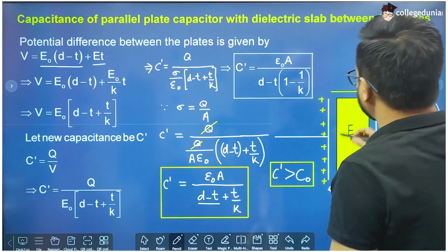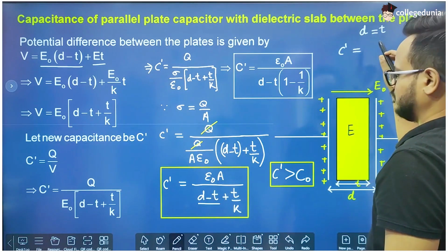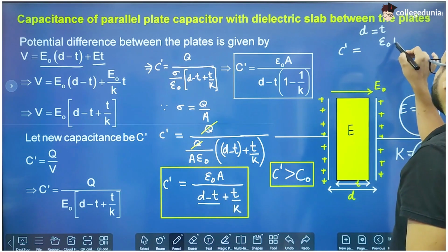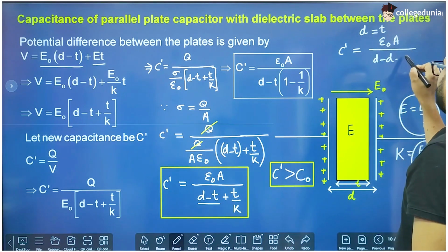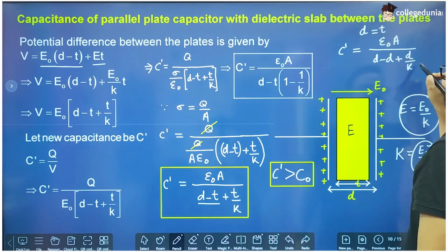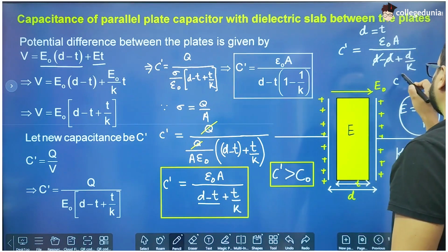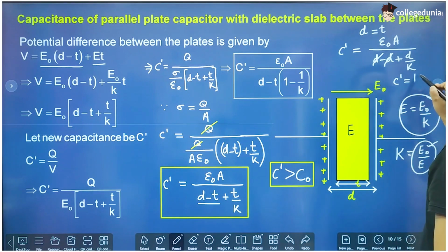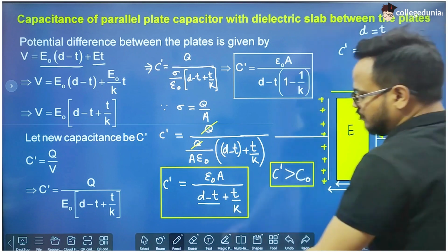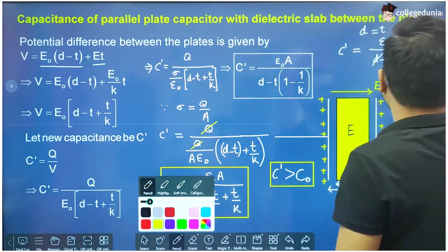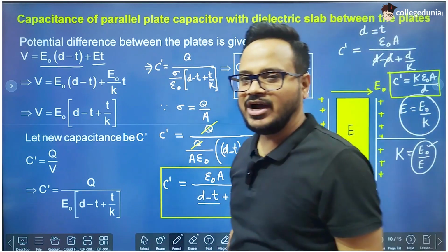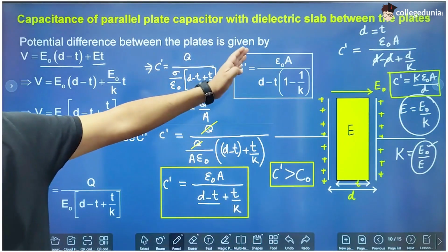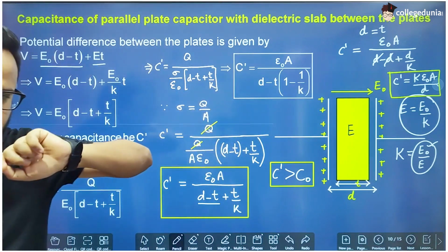Now this C dash becomes epsilon naught A by D minus D plus D by K. D cancels D. What is the final result? C dash is, K goes up, K epsilon naught A by D, which is the same as what we already know: if there is some material of dielectric constant K between the plates, then the capacity of the capacitor is K epsilon naught A by D.